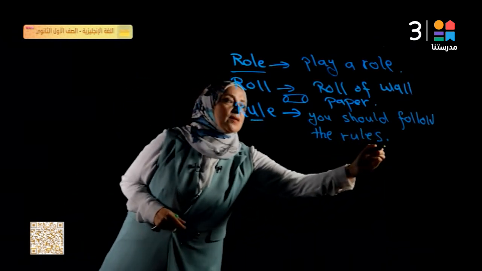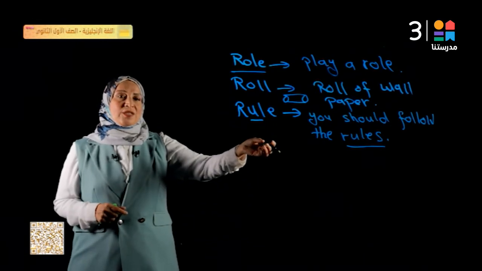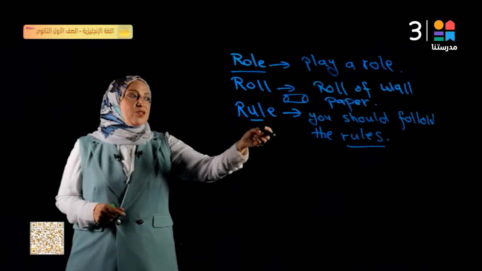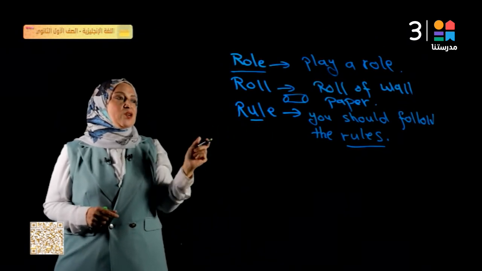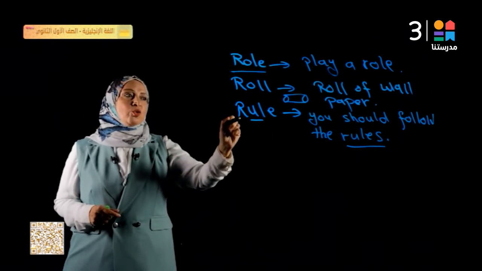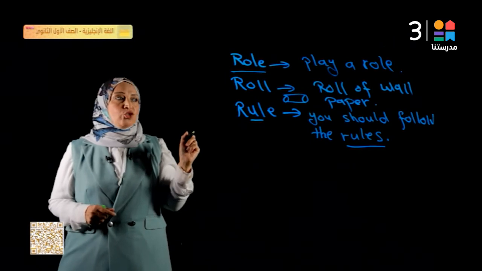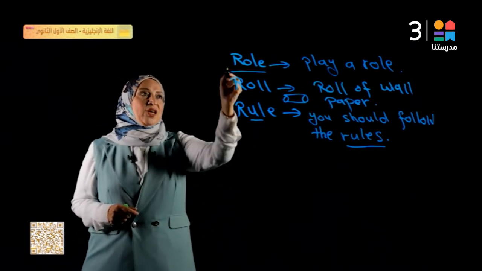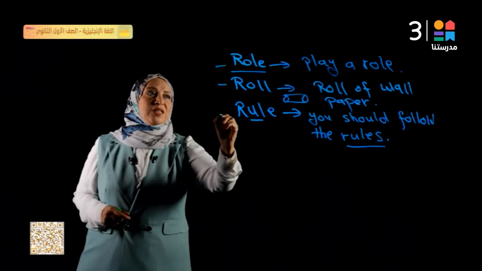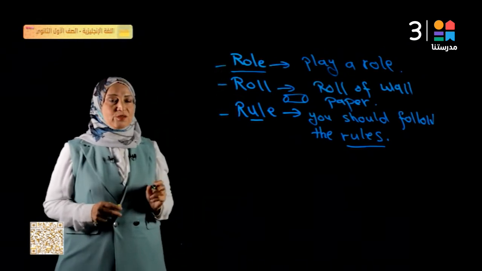What are the rules? Means the regulations, the instructions, the laws which you should follow. So we can say you should follow the traffic rules. You should follow the school rules. So here, rules. So we have three words which look similar, but they are completely different.